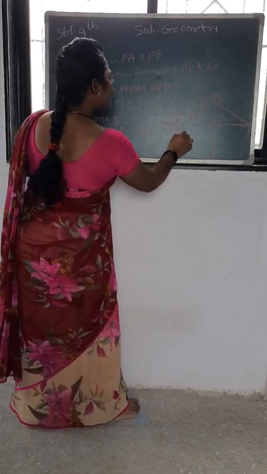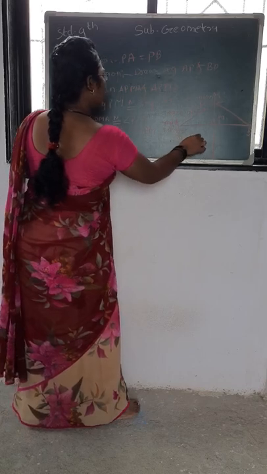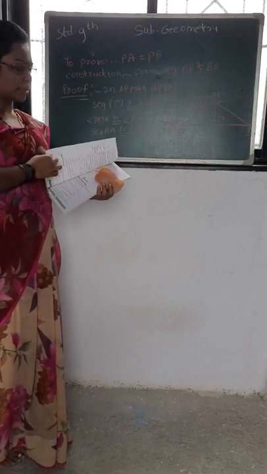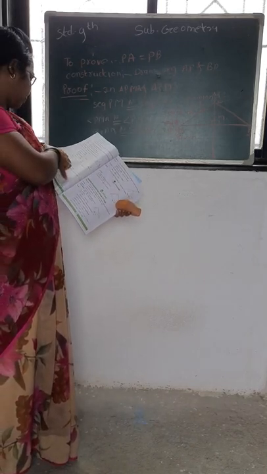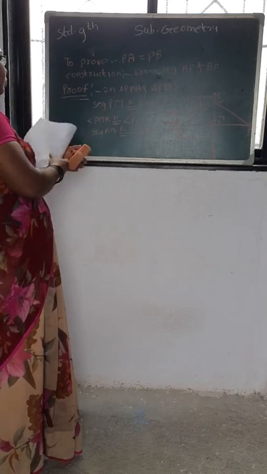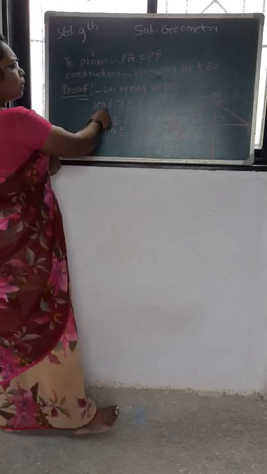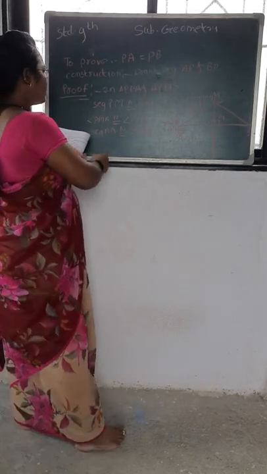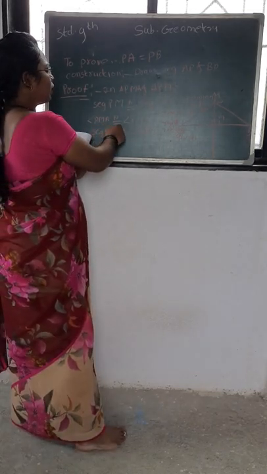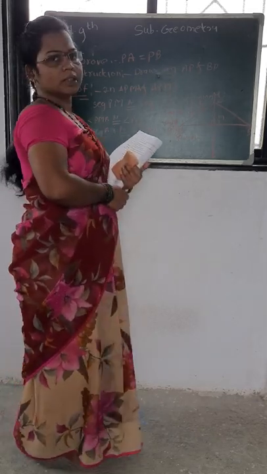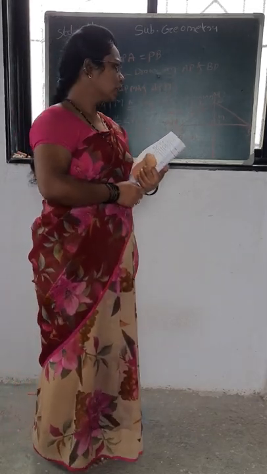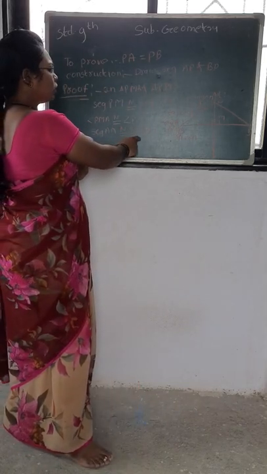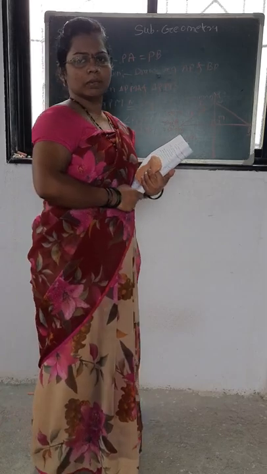This is given in the statement. From these 3 points: segment PM is congruent to segment PM, common side of the two triangles; angle PMA is congruent to angle PMB, each a right angle; and segment AM is congruent to segment BM, given in the statement.